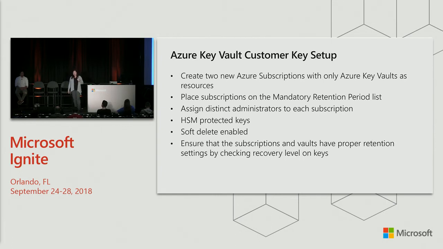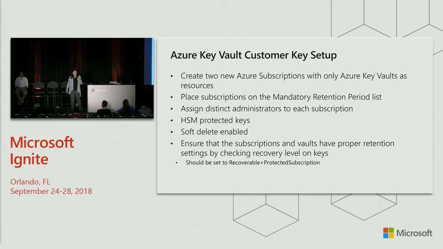We want you also to ensure that the subscriptions and vaults have proper retention settings before you actually create the keys within those vaults. So the mandatory retention period is on, right? And soft delete is on that vault. And on the key, you'll be able to see an attribute.